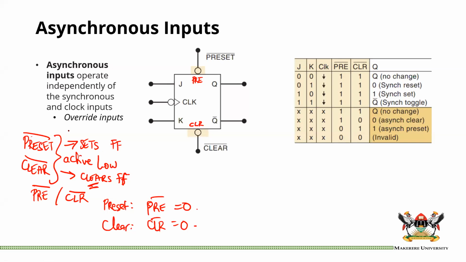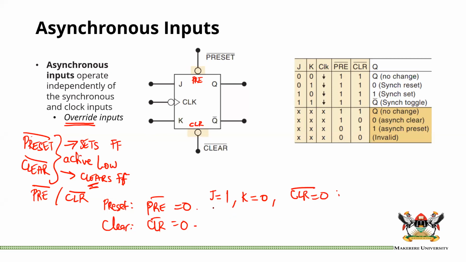Another thing is that we call these override inputs because they actually override the synchronous inputs. Let me find a case where, for instance, I say that J is 1 and K is 0. Here I know that I'm setting, but also my clear is 0.